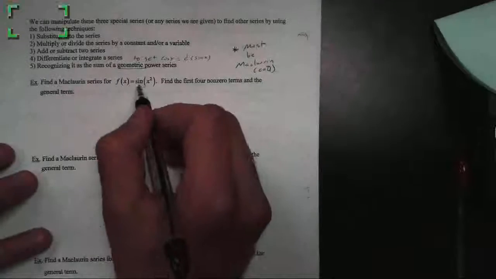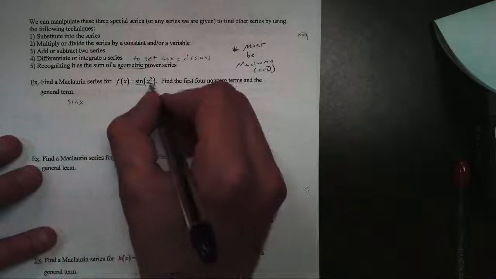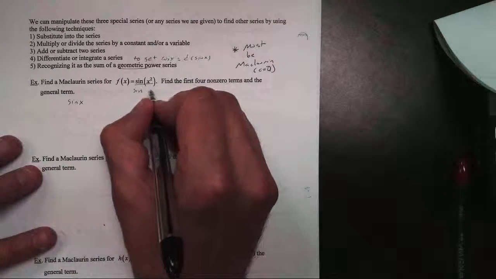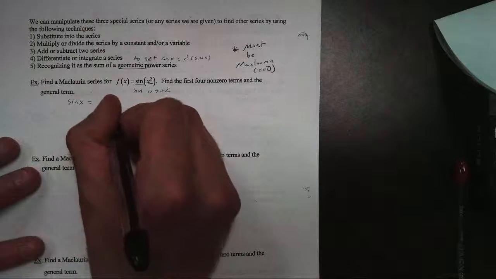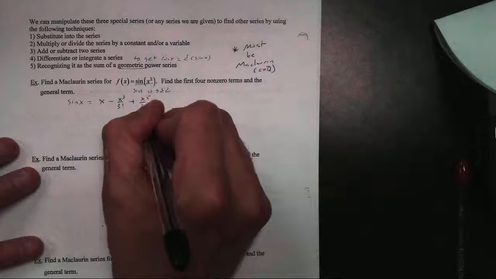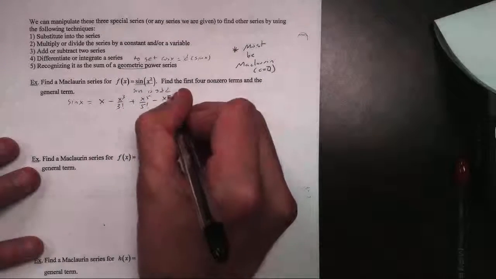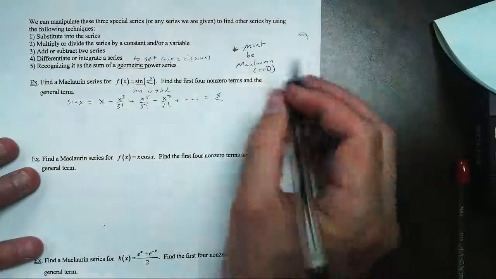Now, we're asked to write a polynomial function that models sine of x squared. From part 2, we know the sine of x, remember sine is odd, so I can write sine of x as the following: x minus x cubed over 3 factorial plus x to the 5th over 5 factorial minus x to the 7th over 7 factorial plus dot dot dot all the way through my general term.